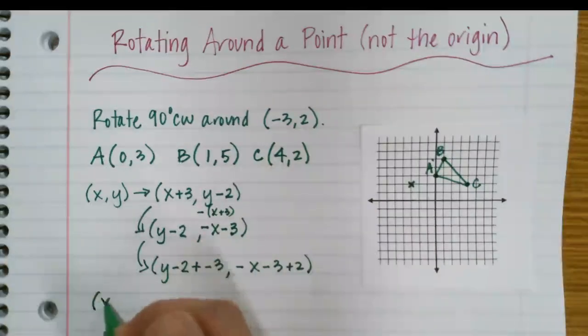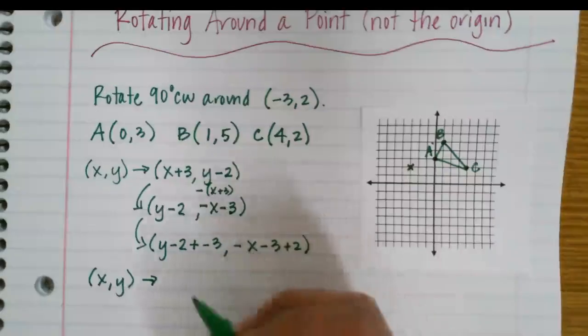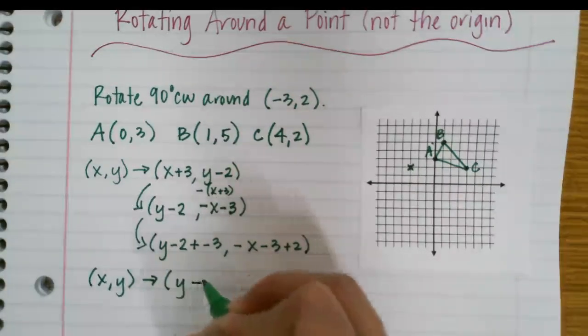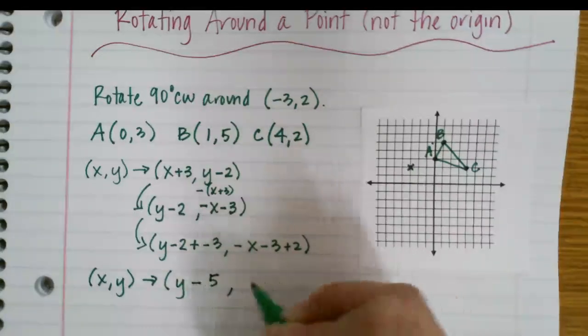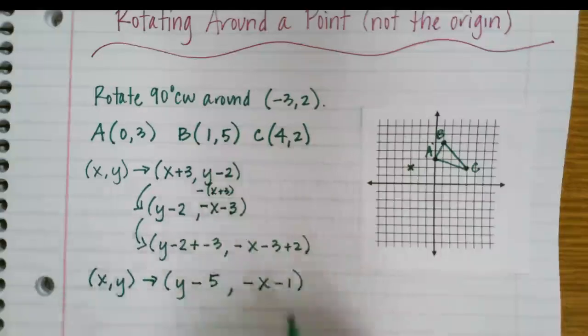So in the end, our direct rule is going to be y minus 5 and -x minus 1. So this is what ends up happening when we are done from start to finish.